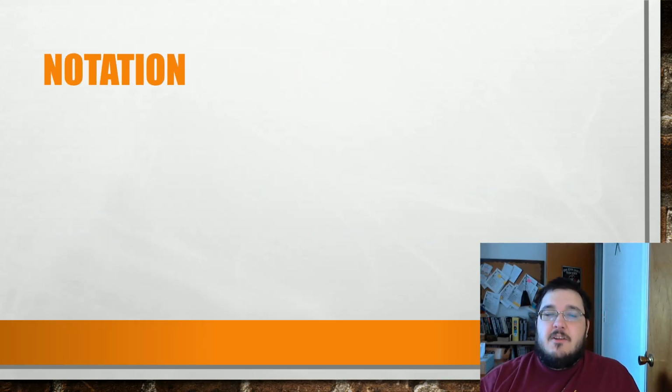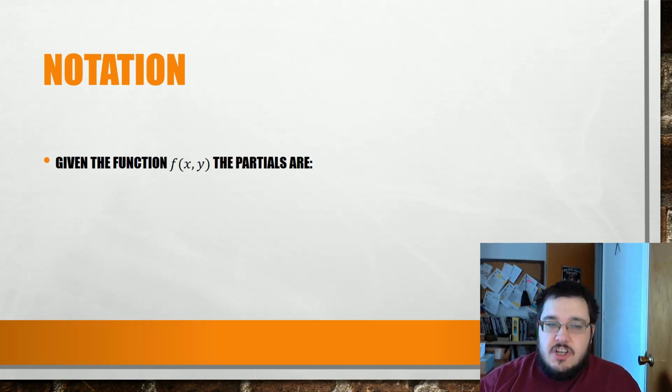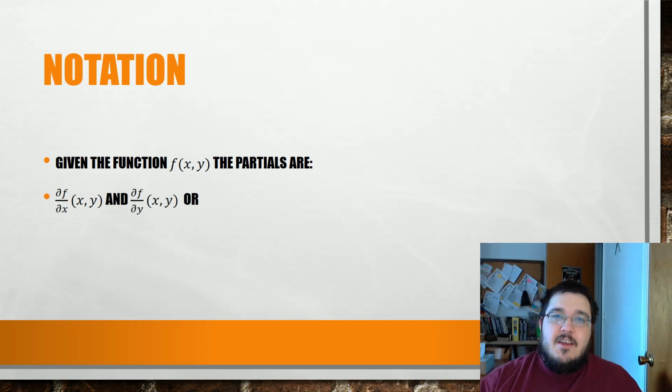Now, here's a little bit of notation. The first half of it shouldn't be too bad. You should basically recognize it. So if you're given your basic function, then you have your partial derivative of f with respect to x, and then you also have your partial derivative of f with respect to y. Those are your two different partial derivatives.